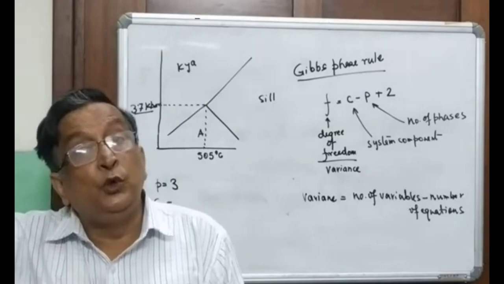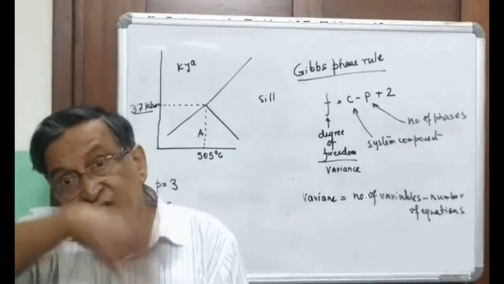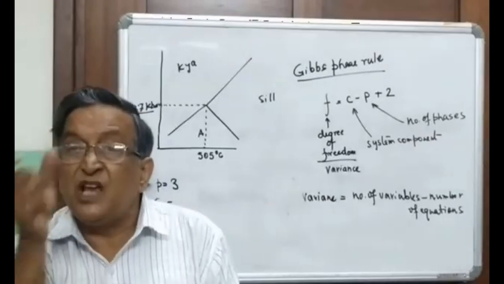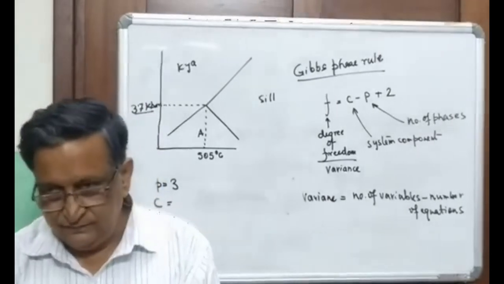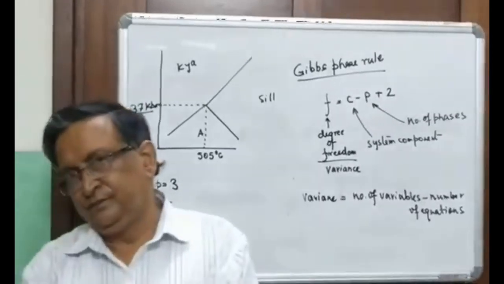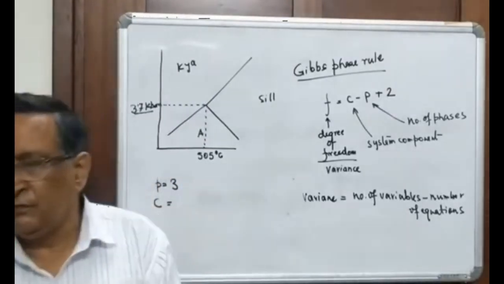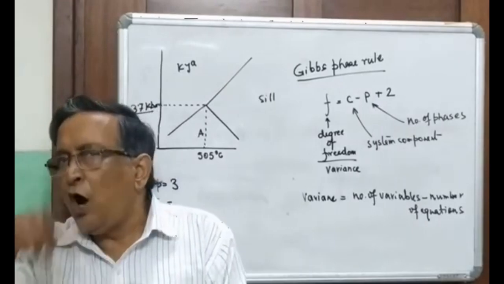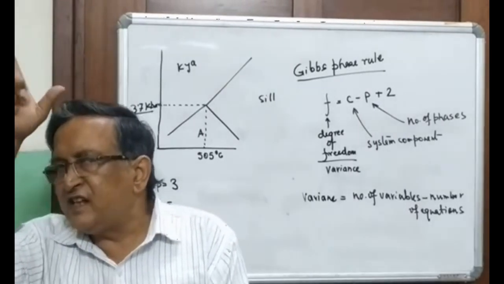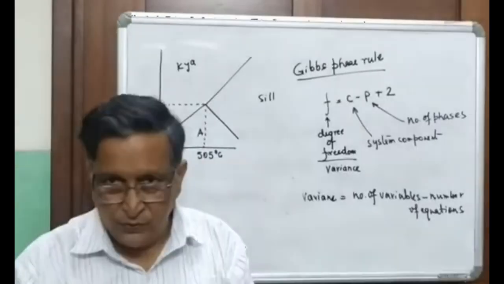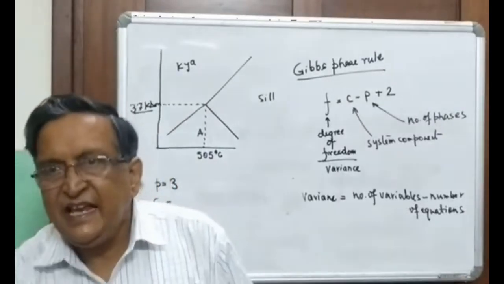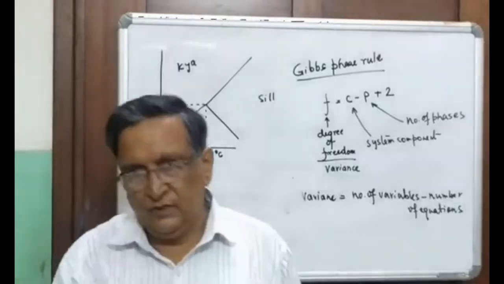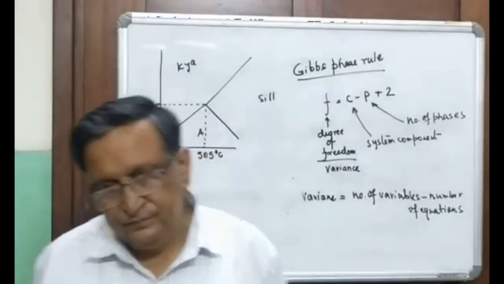He has told you that all the phases, sillimanite, kyanite and andalusite, they have the composition Al2SiO5 and nothing else. Have you understood? Mark my question. What is the variance of the triple point of the Al2SiO5 phase diagram? I told you that C is Al2SiO5. C is 1. He has told you this.